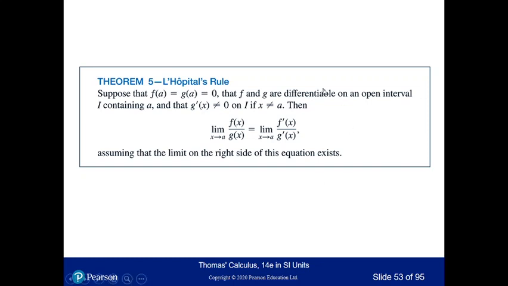Of course, we assume here f and g are differentiable, otherwise you cannot take the derivatives of these. And we also assume that we stop when g prime is not 0, right? If g prime is 0 and f prime is 0, then you apply it one more time. Okay.